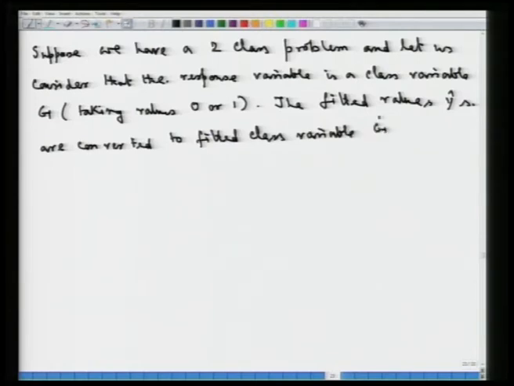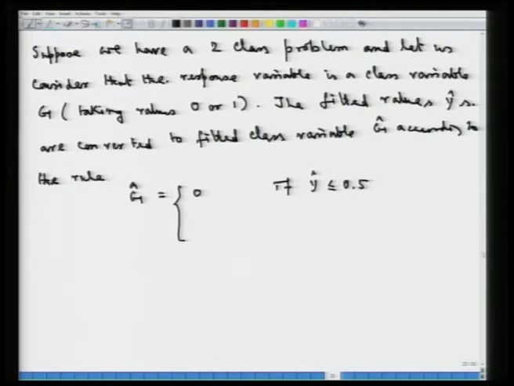The class variable g hat is 0 if the predicted y hat is less than or equal to 0.5. There is nothing special about 0.5; one can vary that also. It is equal to 1 if y hat is greater than 0.5.